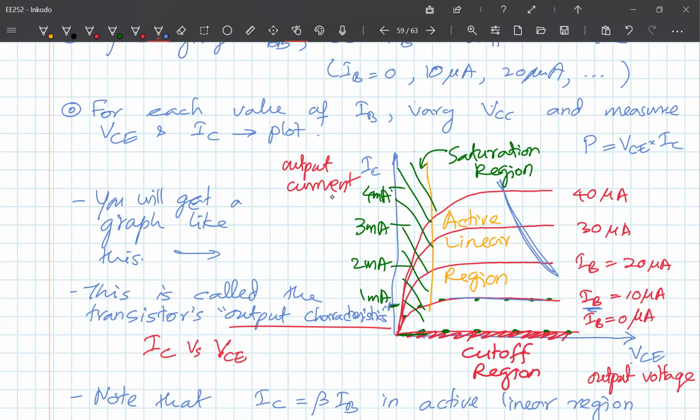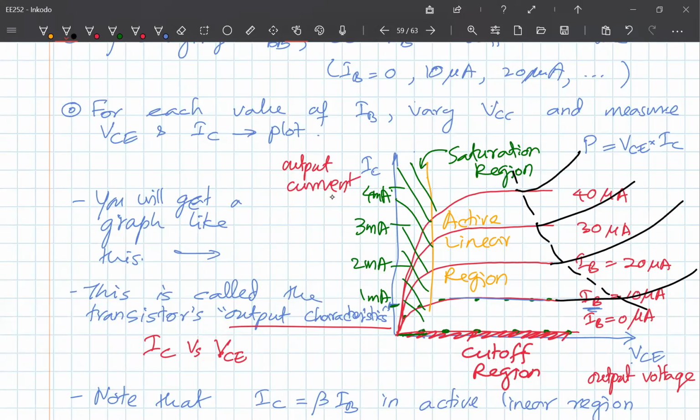So let's mark it somewhere outside this region. Let me use the color black. Something like this, it will go like that. So this area, it will melt down the device.